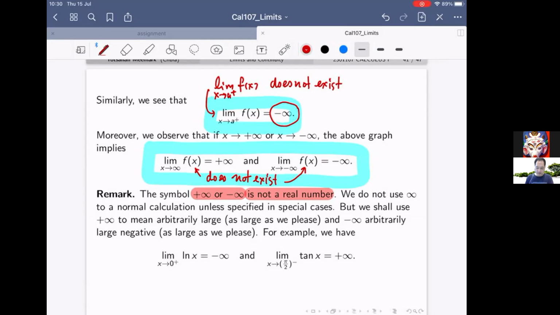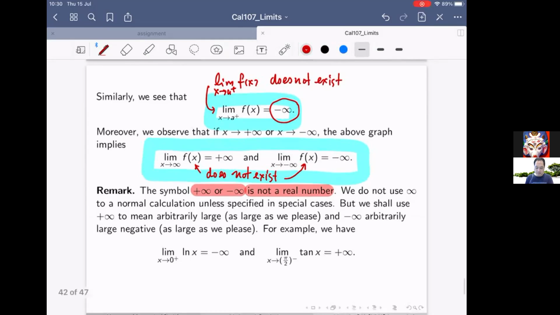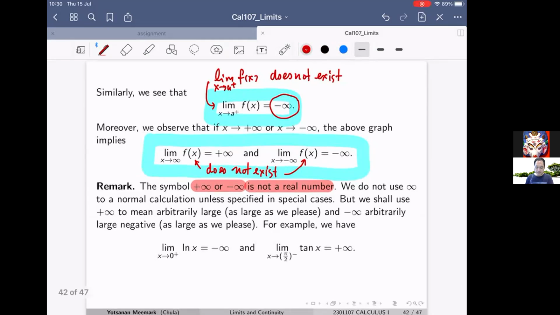And there are some functions whose behavior we may need to know. For example, one of them is the exponential. For e to the x, we know that as your x goes to infinity, e to the x goes to infinity, but as your x goes to negative infinity, e to the x goes close to what?